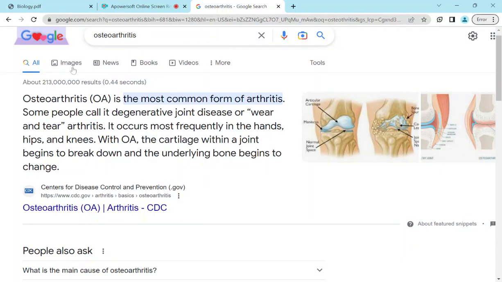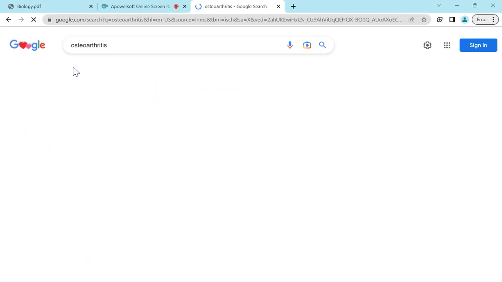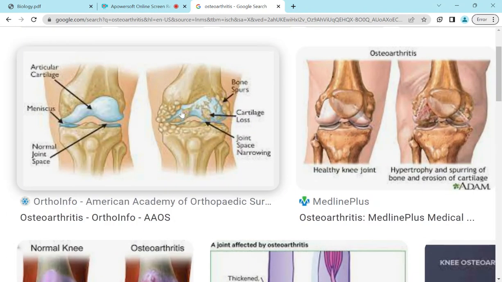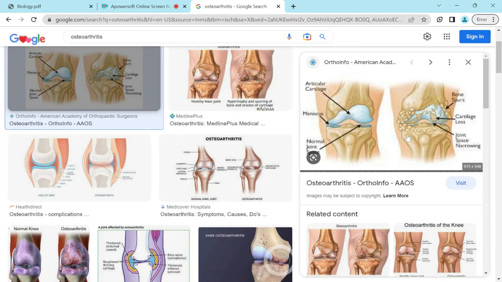Now, this is a chronic arthritis, as in it's persistent, it stays there for a long period of time, and it's just basically the wear and tear of your joints. So for now, when I'm covering the other two kinds of arthritis, I'm going to come back to this. All right.